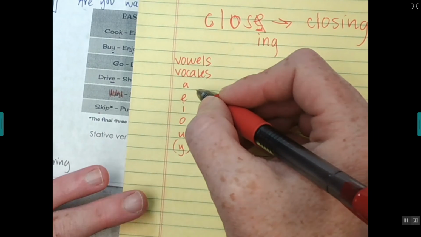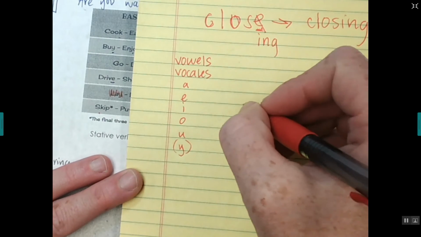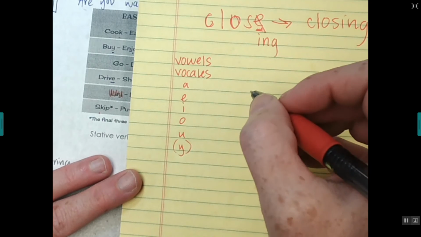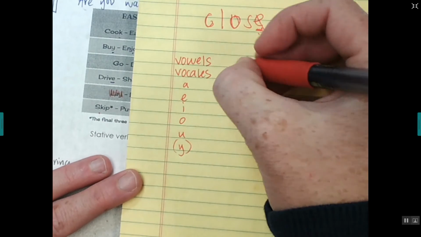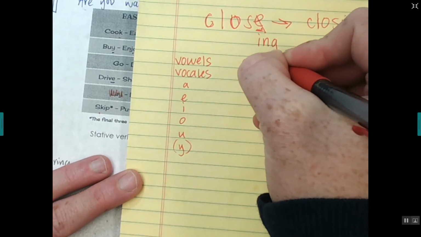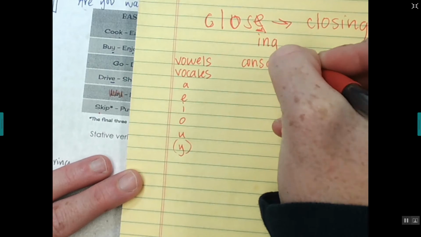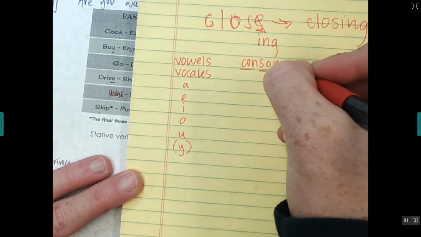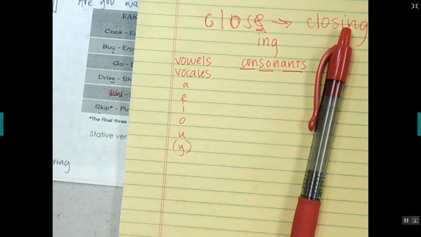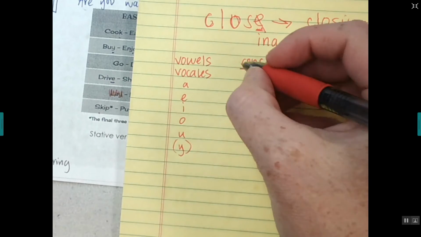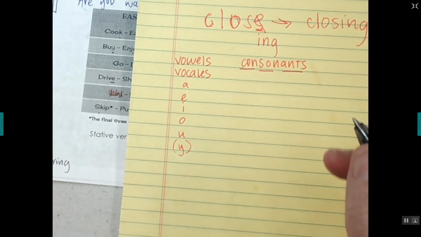So those are vowels. All of the other letters, B, C, D, F, G, H, are what we call consonants. Consonants. Okay, consonantes. Those are all the other letters.